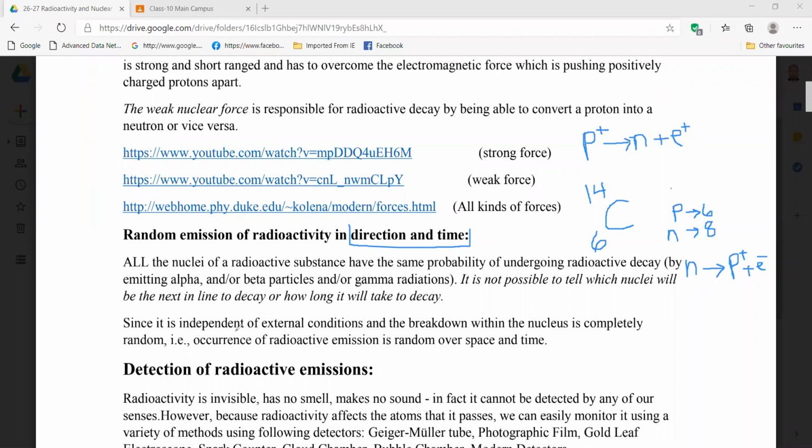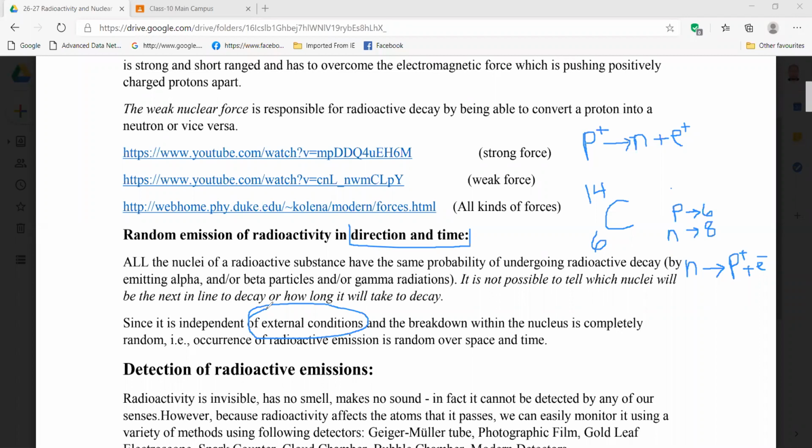Clear to you, everyone? Another point here is that they are saying it does not depend on external conditions. In chemical reactions, if you change the pressure or the temperature, it makes a difference. Sometimes we are not having the reaction properly if the temperature is low, right?